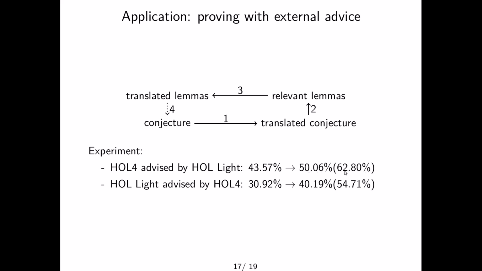If you combine the two scores together, you get 60.2% of theorems that you can reprove. And the same is true for HOL Light advice by HOL4. But of course, this works because the two libraries are very similar, so you can somehow port the proofs from one theorem prover to the other. Port the proofs, I mean, in the sense of just porting which lemmas are useful for which theorems.